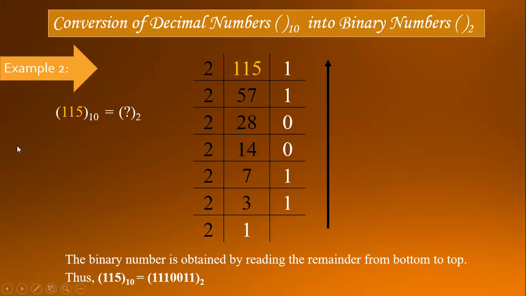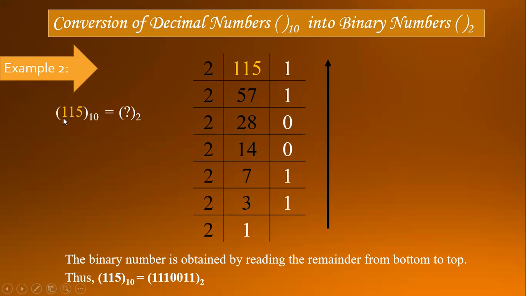Now take the same method for a different example. We are converting 115 into its equivalent binary number. So let's divide the number by 2, recording the quotient here and the remainder here. In this way, we are getting the remainders 1101 1001 1.